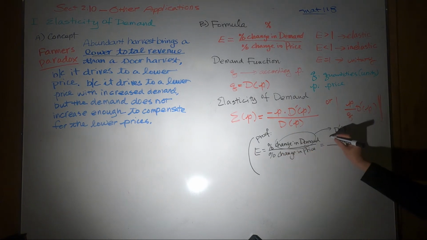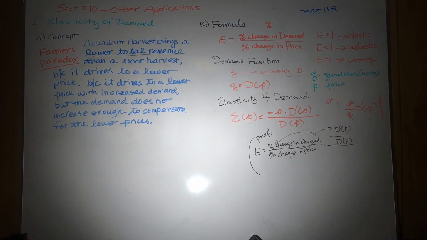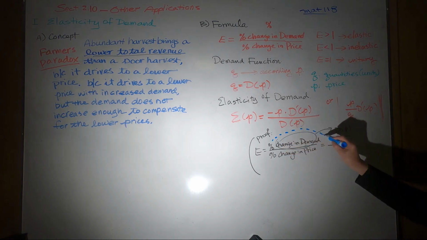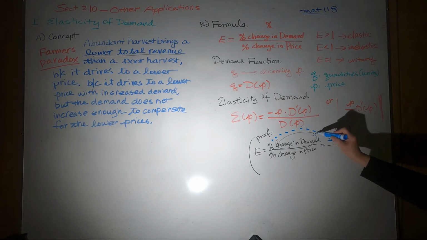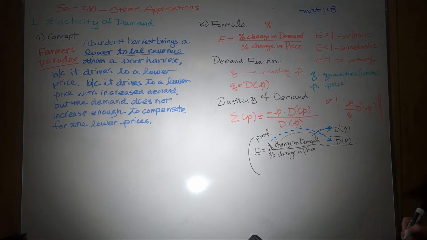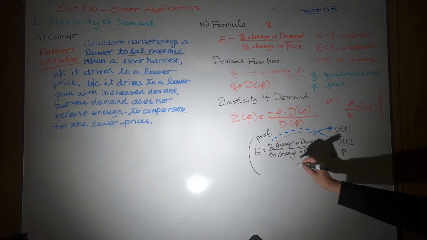Then percentage means what? Divided by the original. Is that right? So percentage is this one, right? And change in demand is D prime P, right? Same thing as price. Percentage change in price is what? dP, the derivative for the price, right?